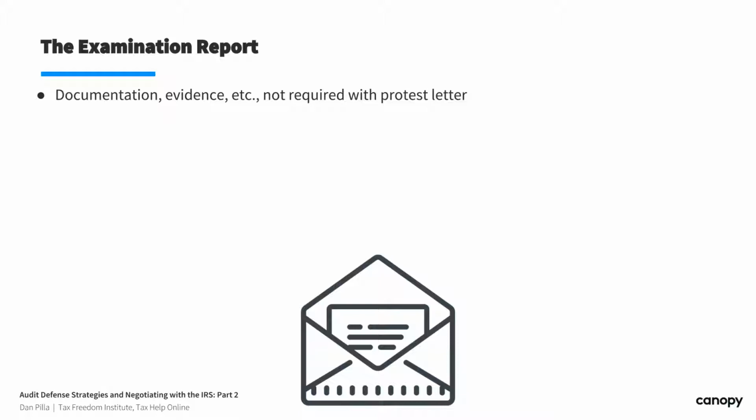All it has to do is inform the IRS of what issues you disagree with and why, and a very simple statement of the law that supports your position. So you don't have to provide copies of the documents. When you have an appeals conference later on with an appeals officer, you'll have ample time to provide additional documentation if you need to.